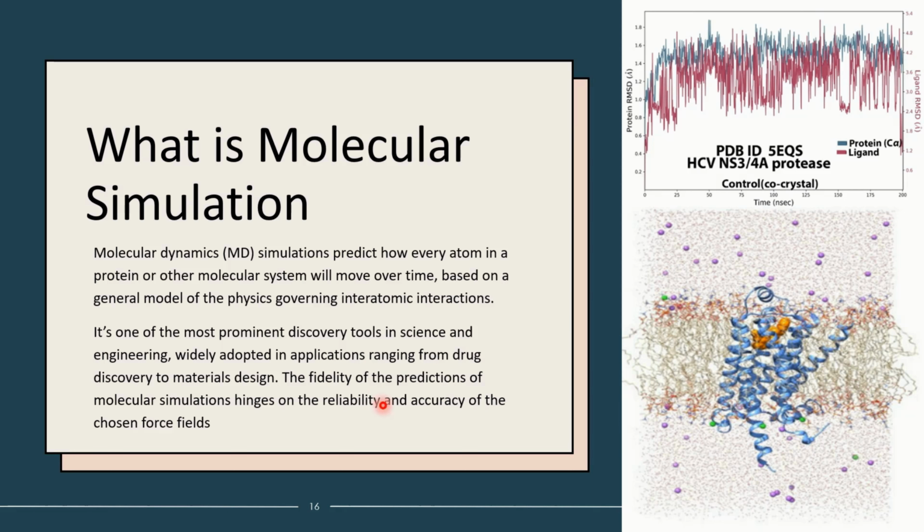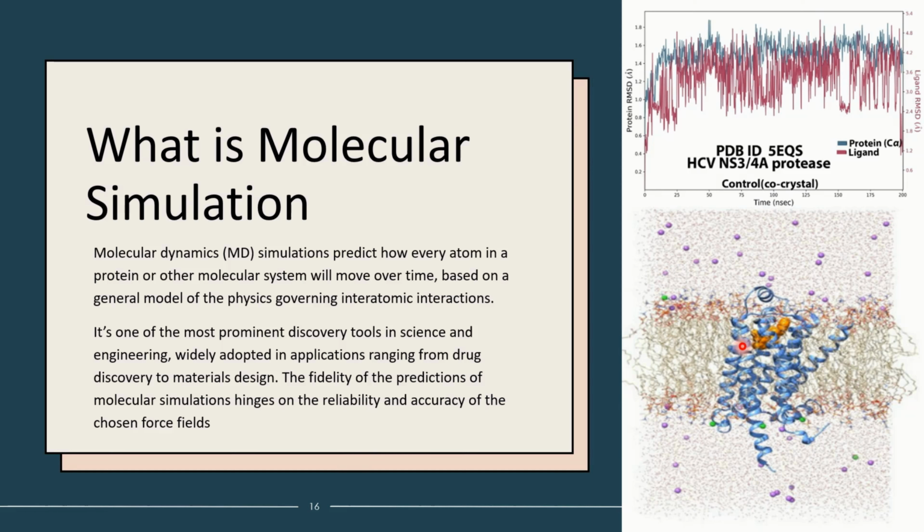Of course, the fidelity of the predictions of molecular simulations hinges on the reliability and accuracy of the chosen force fields as well. So when you get into this, you discover force fields and how they play a great role in these kinds of investigations.